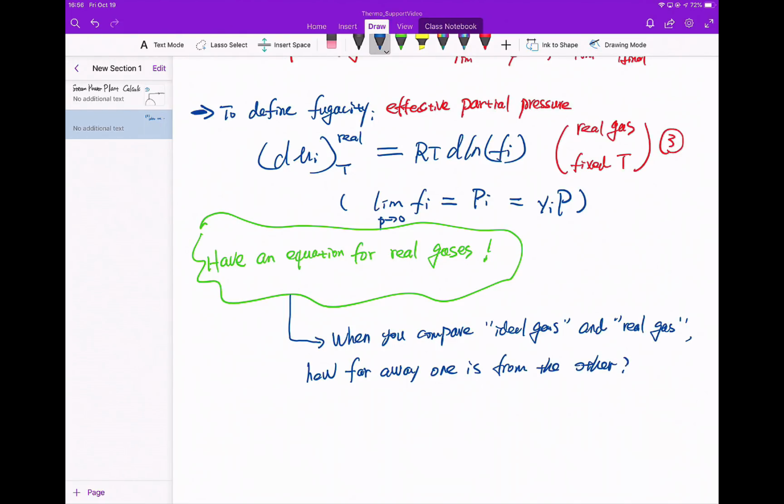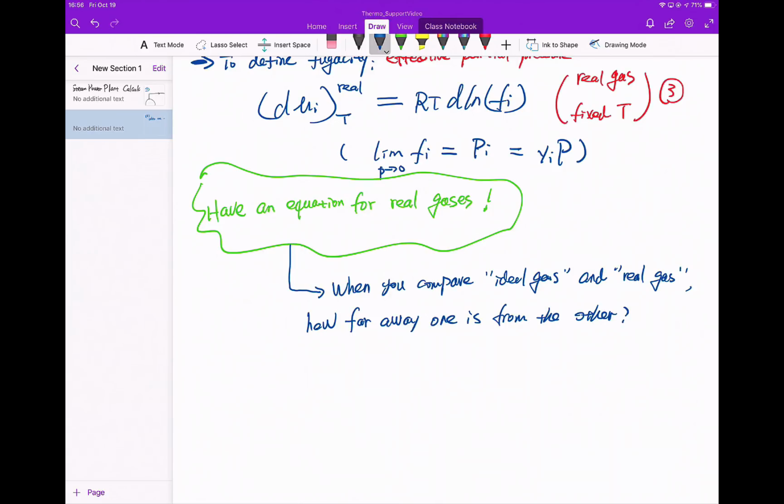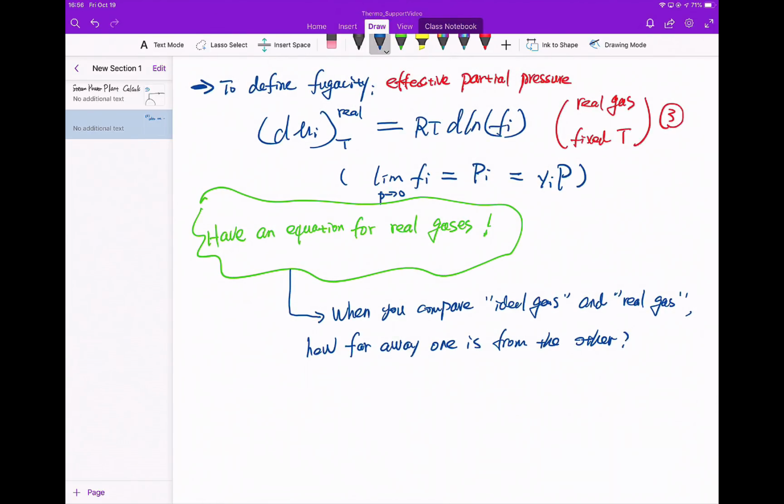We can always compare as long as we have two states. The comparison could be between ideal gas and real gas, or real gas with the initial state or the reference. So this is why we also defined some coefficients in order to answer those questions.